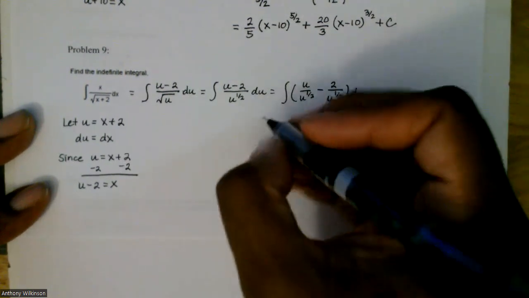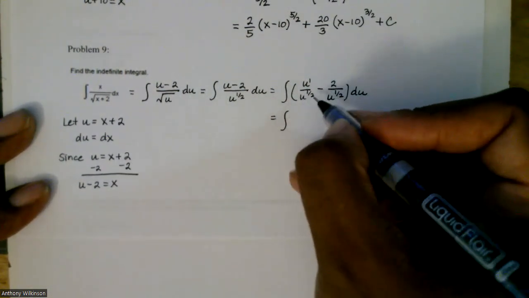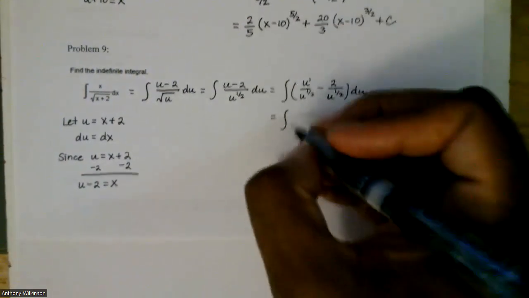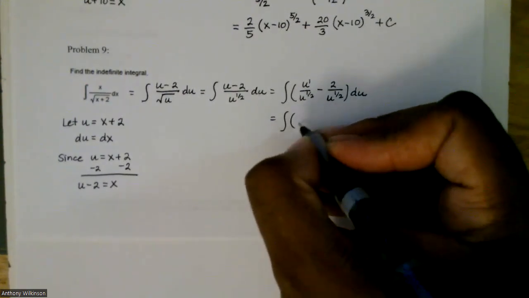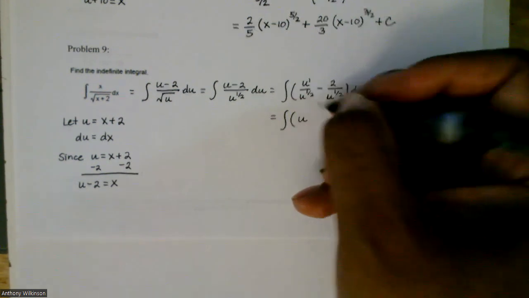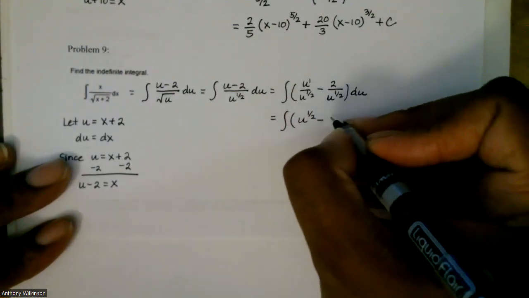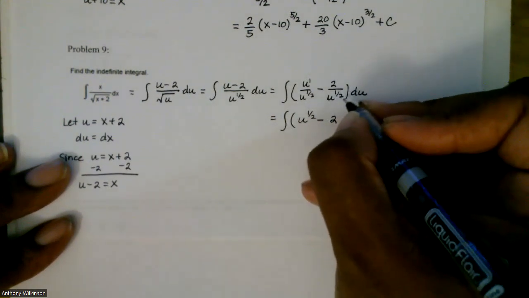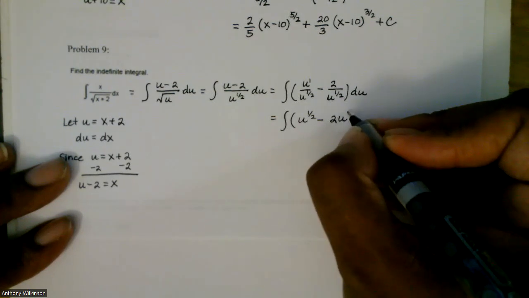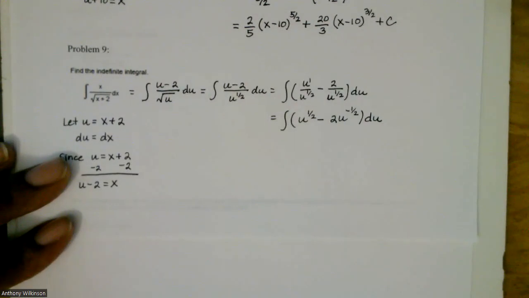Now let's simplify each piece. This is like u to the 1 power. When you're dividing powers of the same base, you subtract your exponent. So I'll bring down the u, and I'll subtract 1 minus 1/2. That will leave me with 1/2 minus 2 times, and if I bring that u to the 1/2 power out of the denominator, it would be u to the negative 1/2 times du.